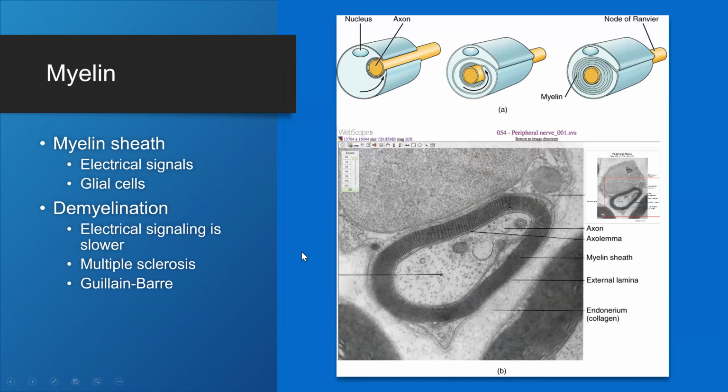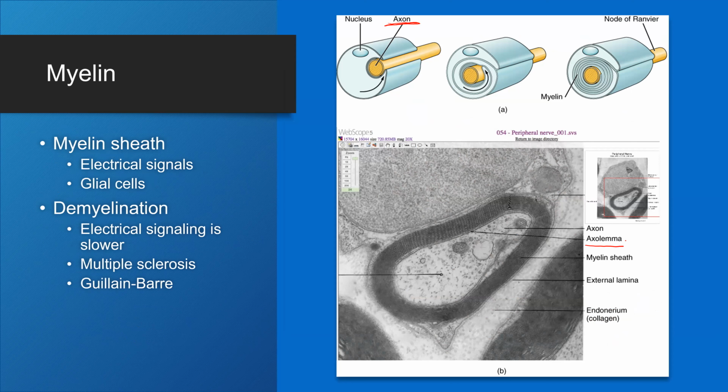Now, myelin sheath is critical in the conduction of these electrical signals. It's made by glial cells, oligodendrocytes or Schwann cells. We already discussed it. Now, there is one thing over here that I think I need to mention. You see this yellow structure is the axon, right? And what covers the axon, the membrane, is called axolemma.